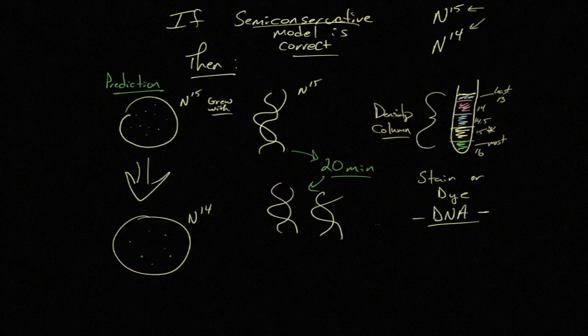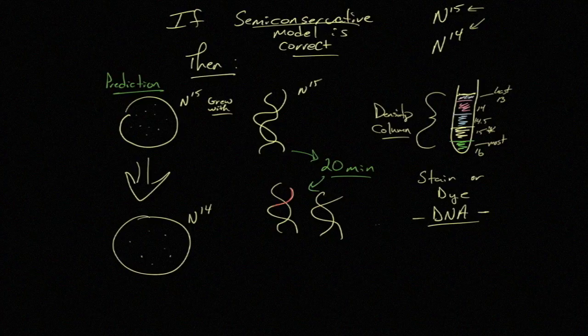So what we expect to see, if this model is correct, is this: we're testing the model, right? We have nitrogen 15 bacteria with nitrogen 15 density chromosomes. And we let them do one round of replication with nitrogen 14. Then what would we expect to see?